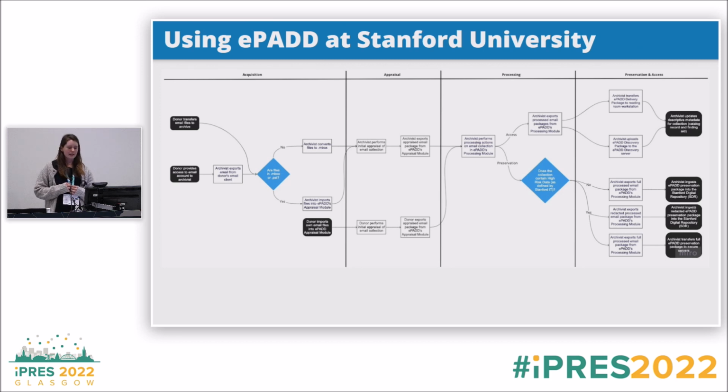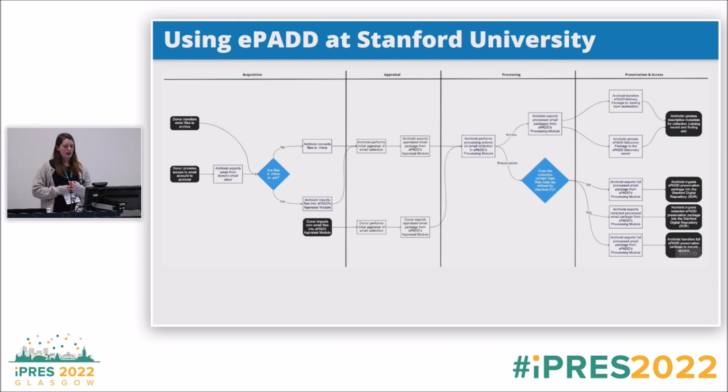And then for access, Tricia mentioned the ePADD discovery module, which I think I probably have time to show really quickly after this. But that is our web-based module for displaying metadata about collections. So we do publish all metadata for processed collections there.